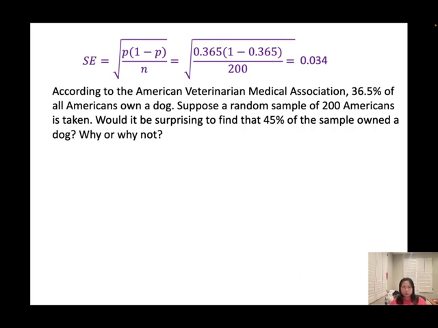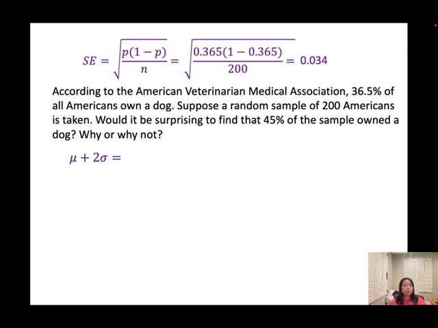Okay, then what they are looking for: would it be surprising to find that 45% of the sample own a dog? Why or why not? Okay, 45%. And what is our mean? Our mean is 36.5, right? So first, we try to find the maximum usual value.